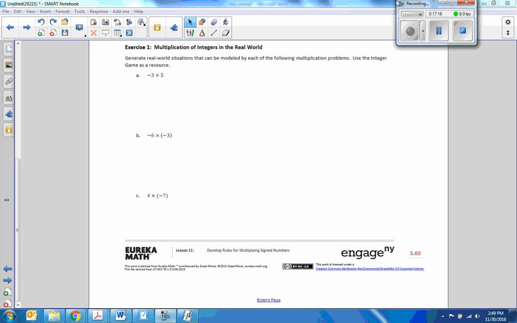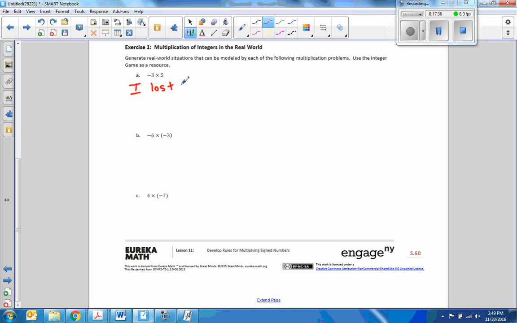Okay, so exercise 1 says to generate a real-world situation that can be modeled by each of the following multiplication problems. Use the integer game as a resource. So here I could just say I lost 3, that's negative.